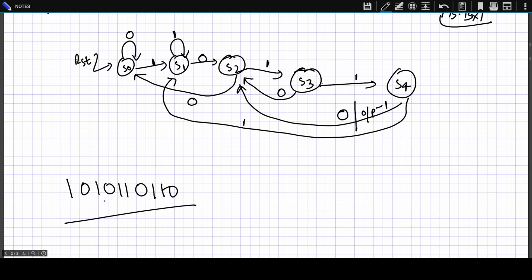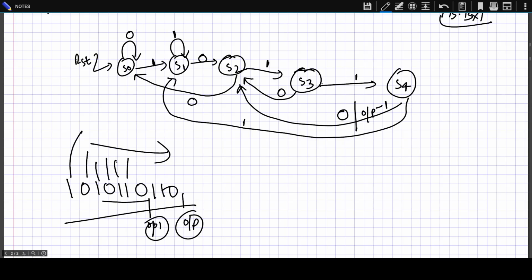From our knowledge we will see that the output will become 1 here and here. So 2 times the output will be 1. Let's see how this FSM reacts to this sequence sequentially. First this bit comes, then this, then this, and so on, so the input comes from right to left.